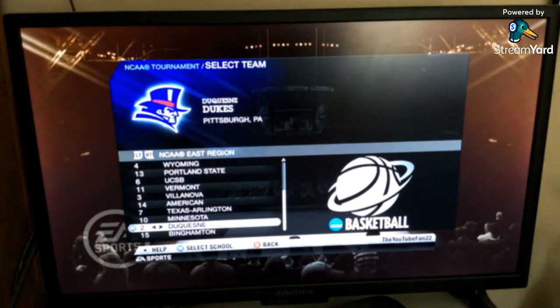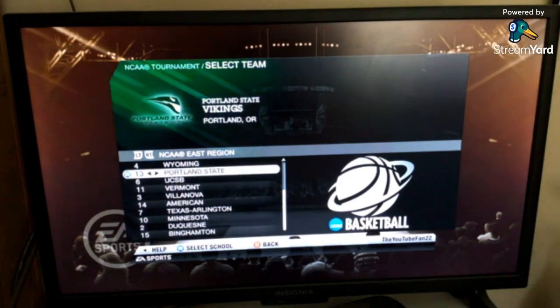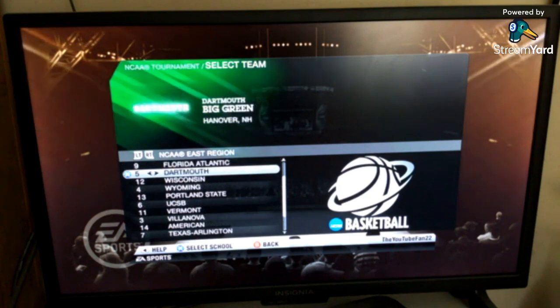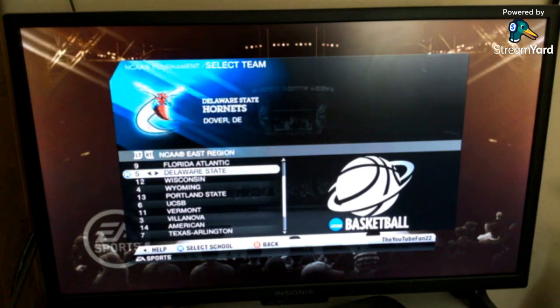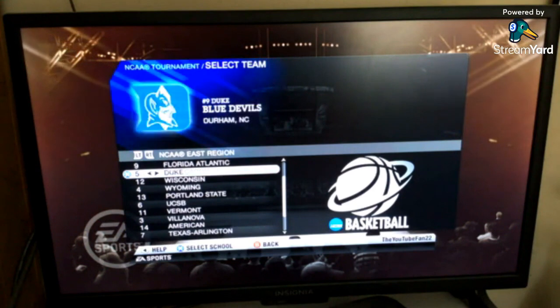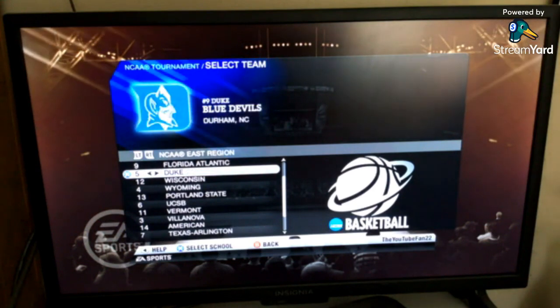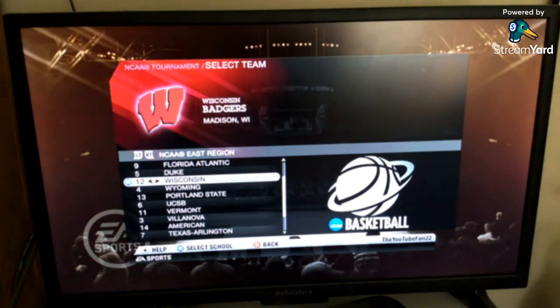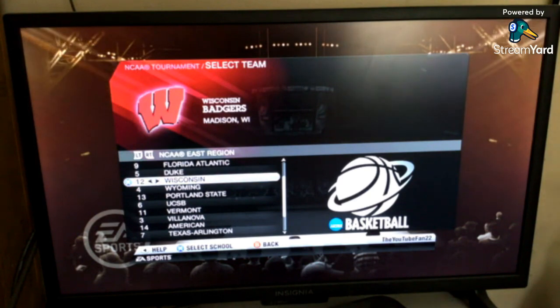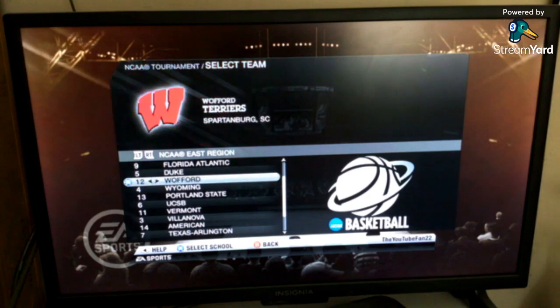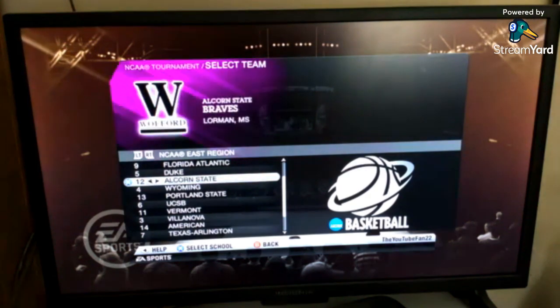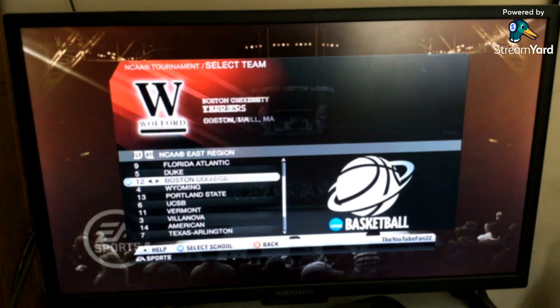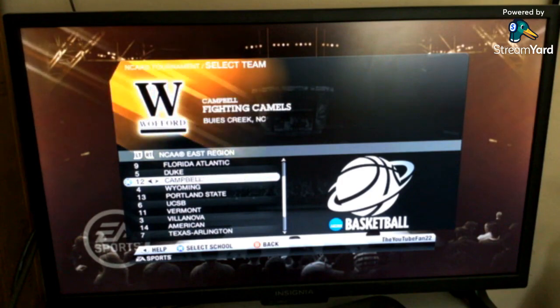They're a 5 seed. There's Duke. So it was Duke versus Texas Southern, Memphis versus Florida State. Duke versus ORU, which is Oral Roberts University.